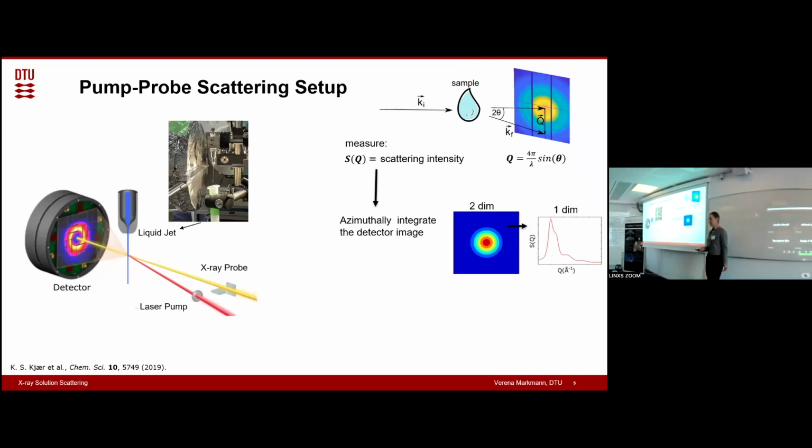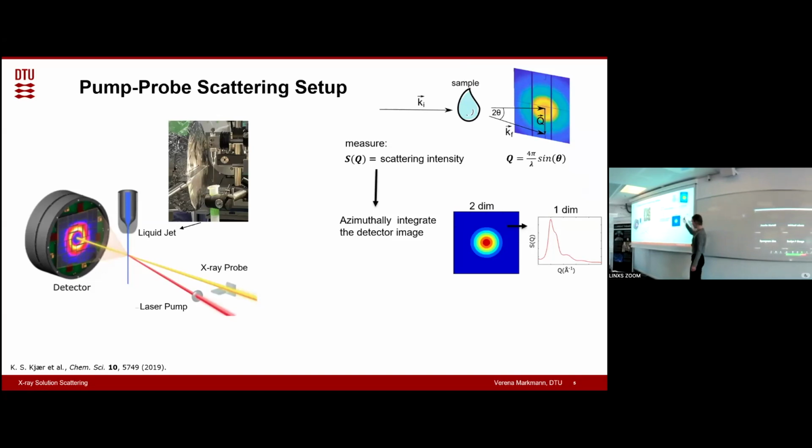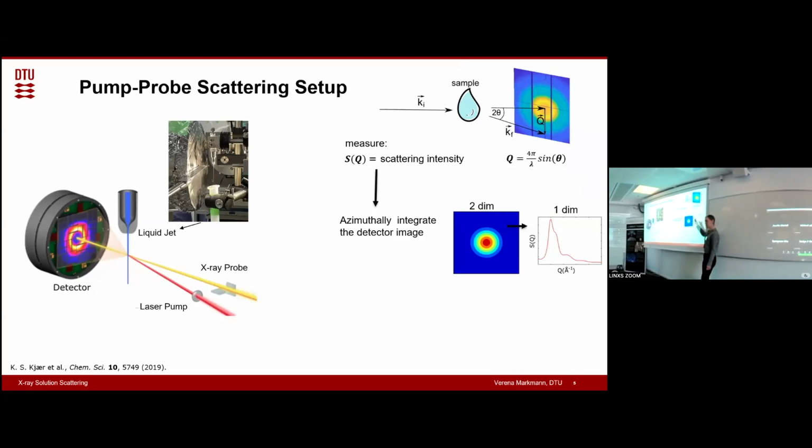What we then get is scattered intensity as a function of the scattering angle, here written as Q. And as this is mostly symmetric, we can often do an azimuthal integration and get from a 2-dimensional detector image to a 1-dimensional scattering per scattering angle curve.